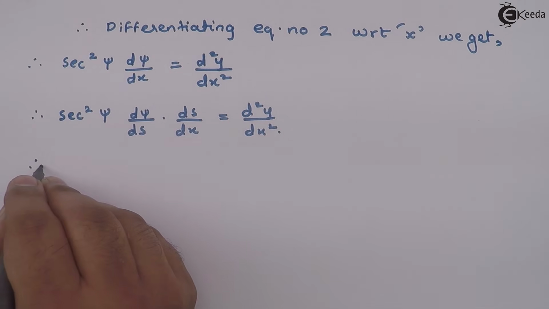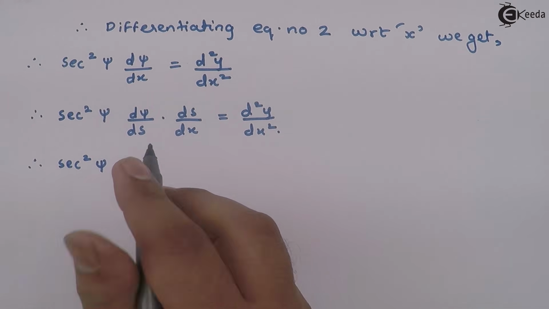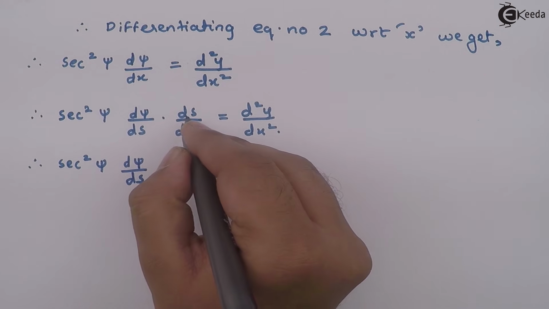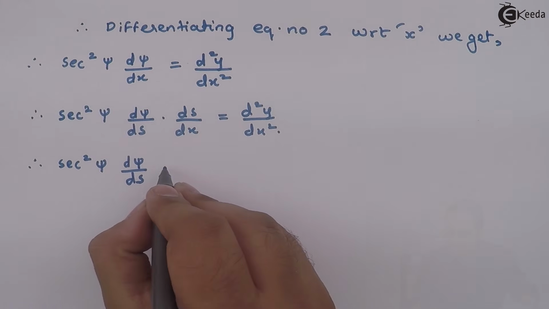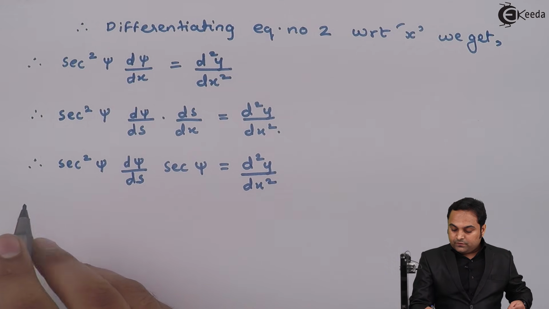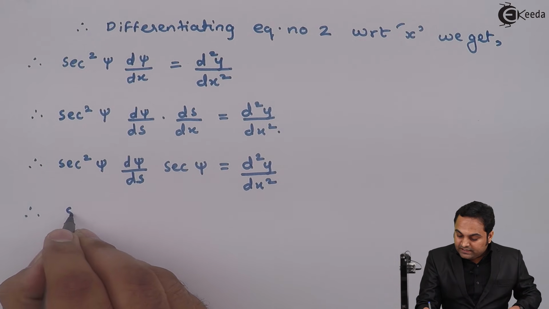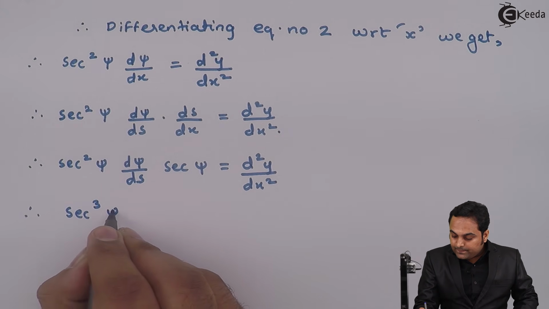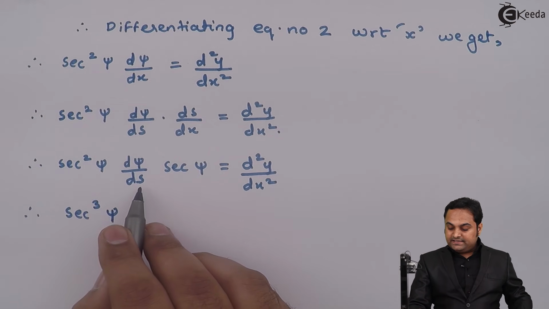So I'll keep sec square psi as it is, d psi by ds also as it is, and in place of ds by dx, I'll put sec psi. Now sec square psi into sec psi becomes sec cube psi, and here I have d psi by ds.